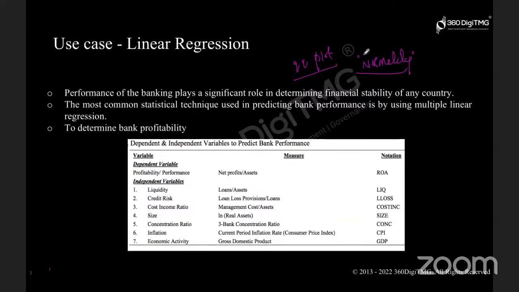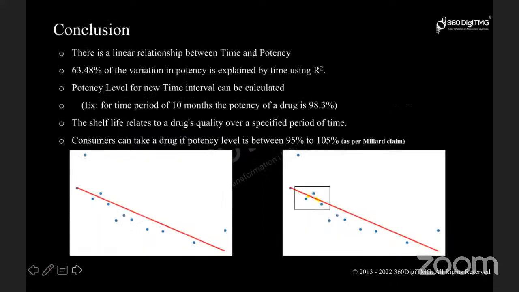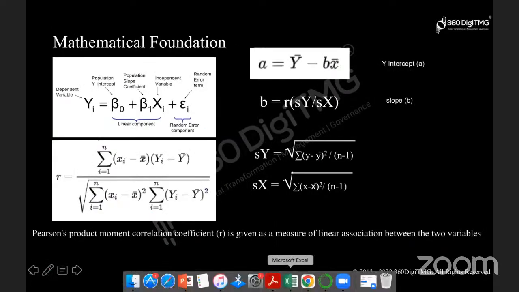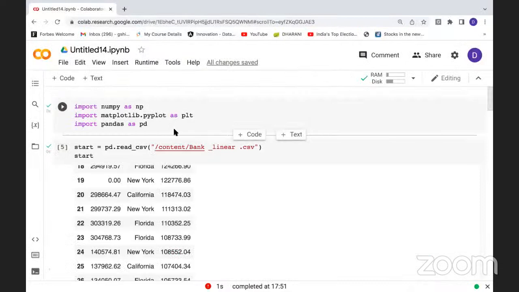Predicted variables should be significant enough for this. So while discussing this part, let us understand what we are going to do.